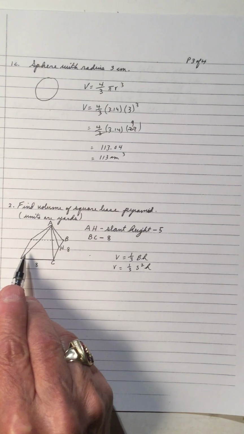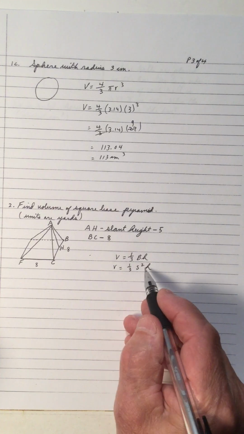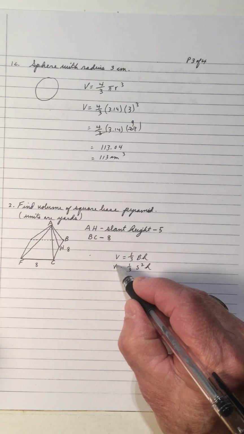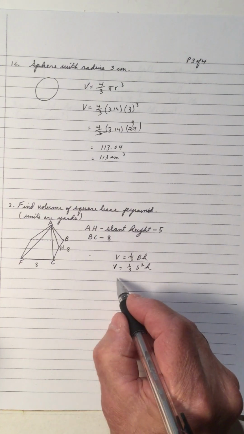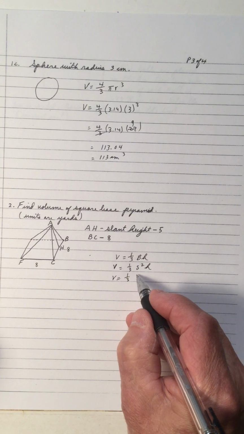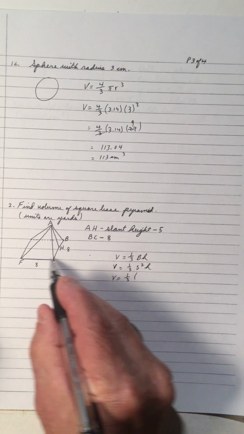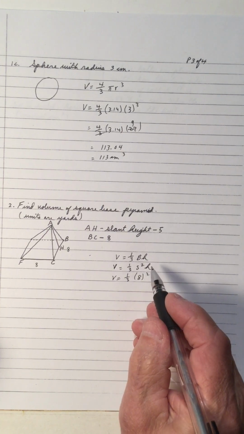It's like a rectangular prism, but it's 1/3 of it, like the cone is 1/3 of a cylinder. So we have volume 1/3, and the side of the square is 8, but we don't have the height.